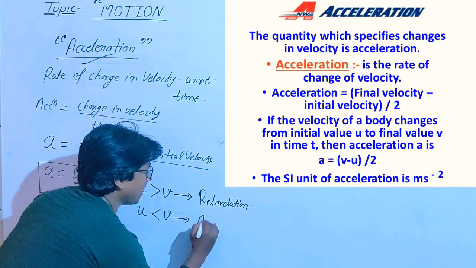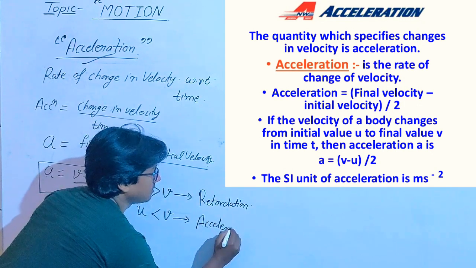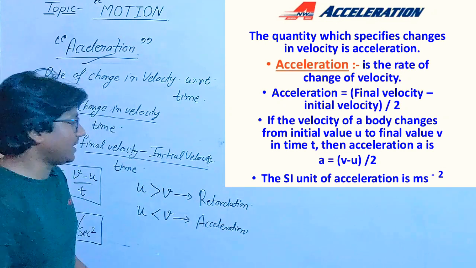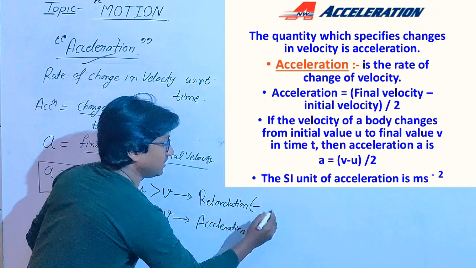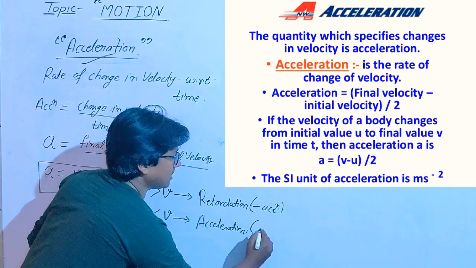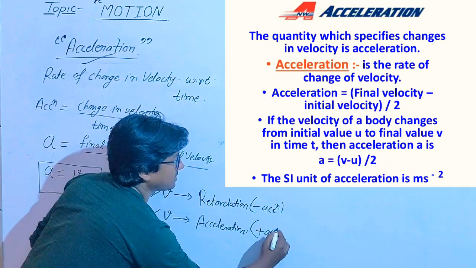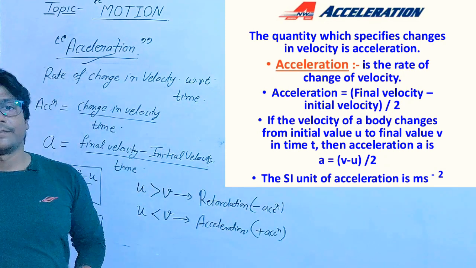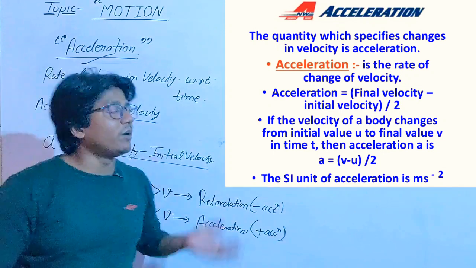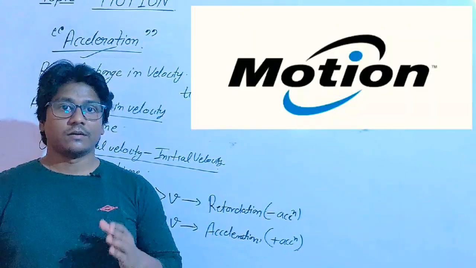It is known as acceleration. Sometimes some students or teachers say that retardation is negative acceleration and acceleration is positive acceleration. Hope these points and all the quantities are clear to you.